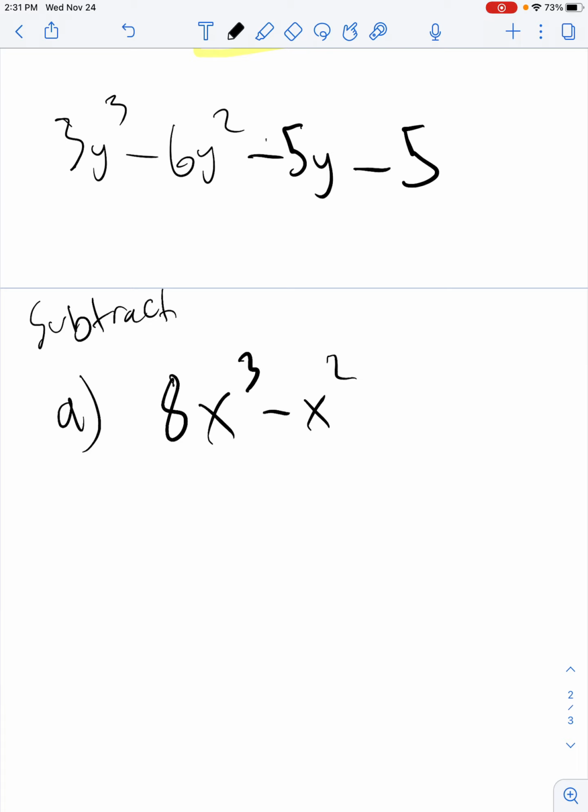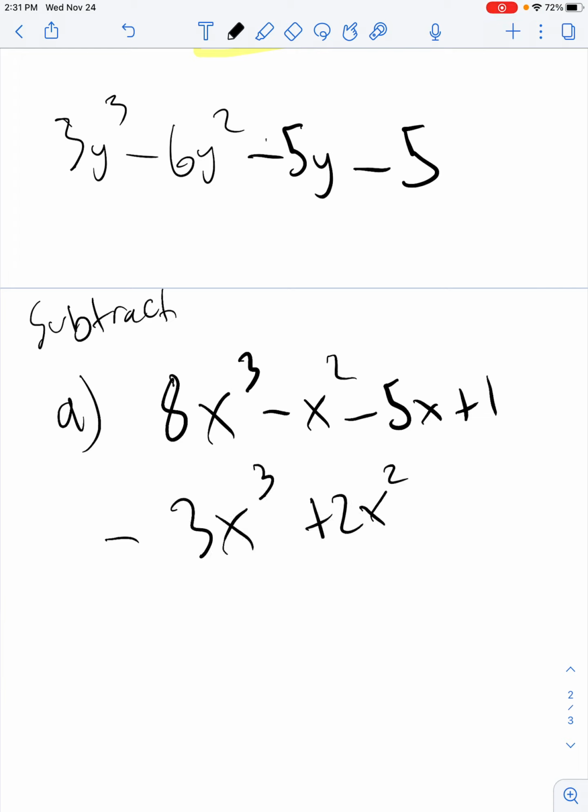8x to the third minus x squared minus 5x plus 1. And I want to subtract this from 3x to the third plus 2x squared minus x plus 7.